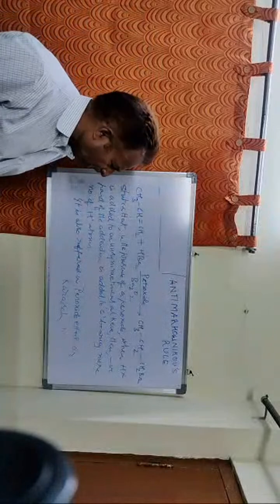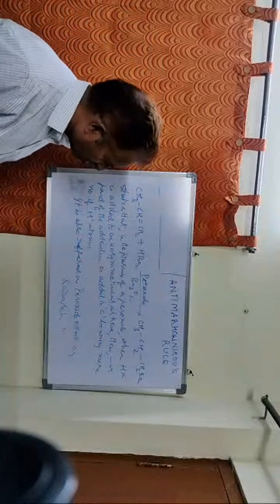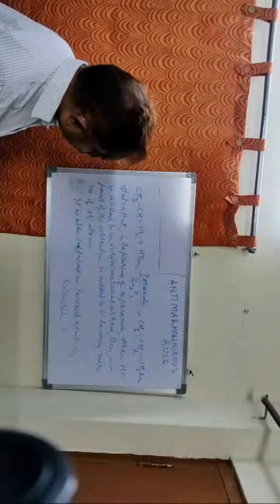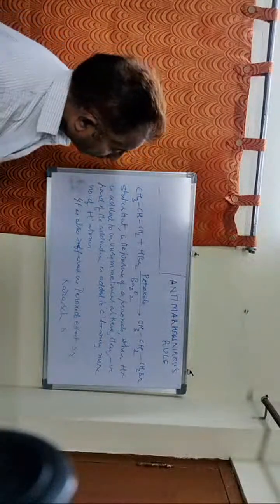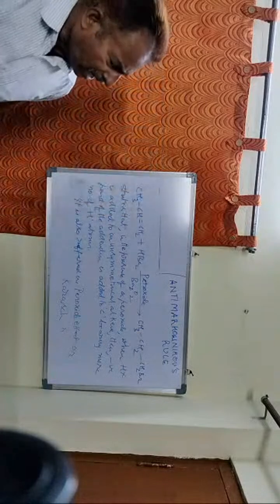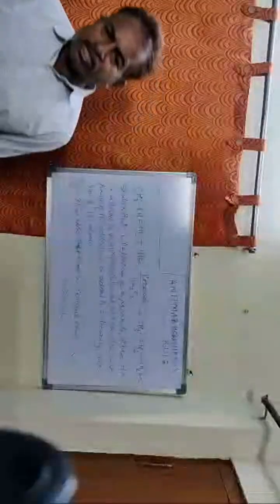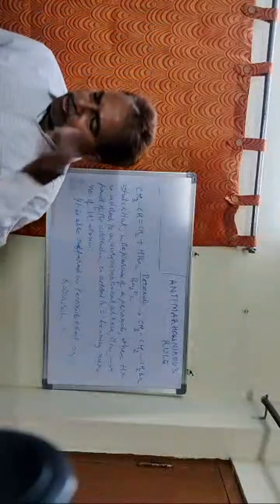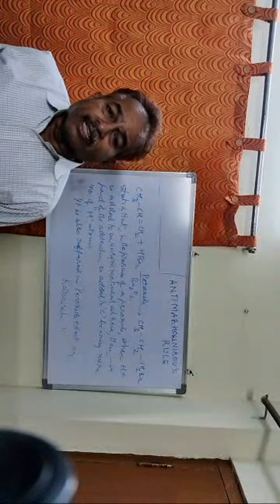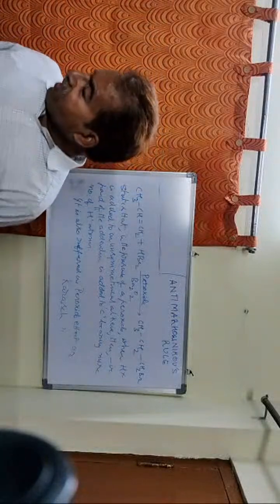Therefore this is the Kharasch effect or peroxide effect, because in the presence of peroxide the reaction takes place opposite to Markovnikov's rule. Therefore it is also referred to as anti-Markovnikov's rule. So this is the addition of hydrogen acids to unsaturated alkenes to prepare the haloalkanes.